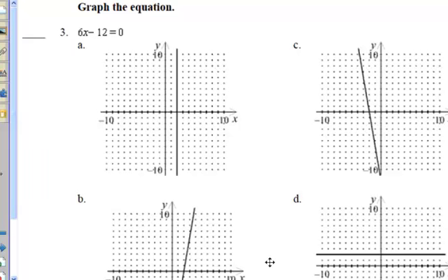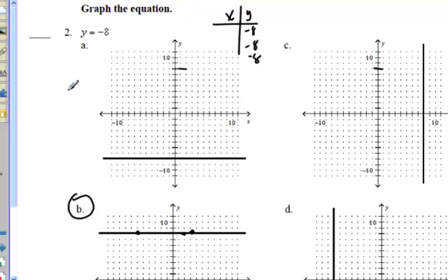So here we have to graph the equation 6x minus 12 equals 0. So one thing you should notice is there is no y there. So if there is no y, this question is kind of like this question. You're going to have an x equals. Here you had a y equals. You know that it was a horizontal line. And horizontal lines have a slope of 0, right?